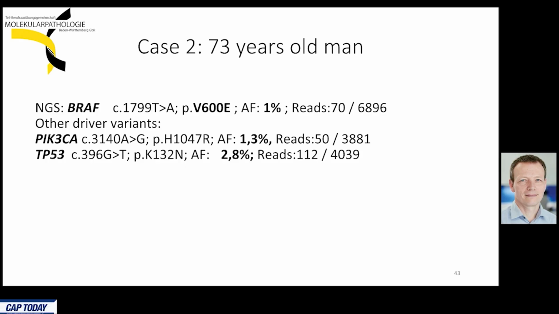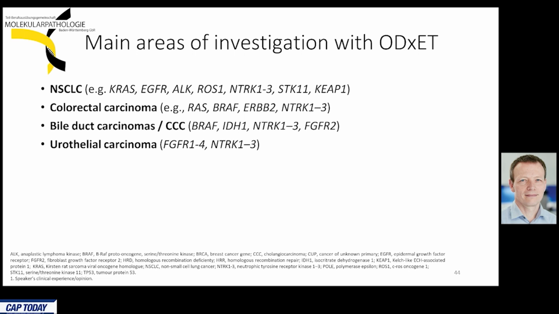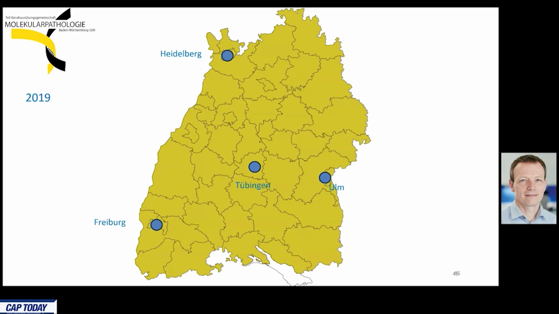Our main areas of investigation are the classical entities like lung cancer, colorectal carcinoma, bile duct cancer, and of course, breast, GIST, melanomas, as in most laboratories in the world. And as Bob said, we are located in a federal state of Germany, in Baden-Württemberg.